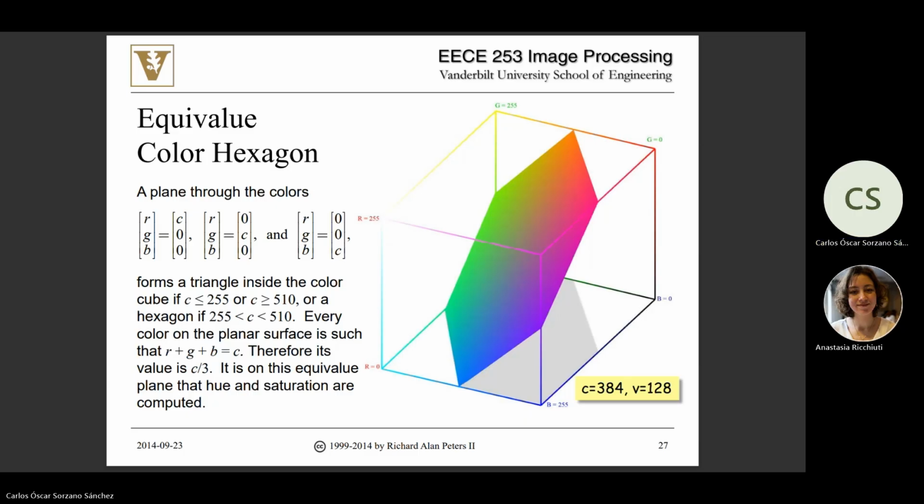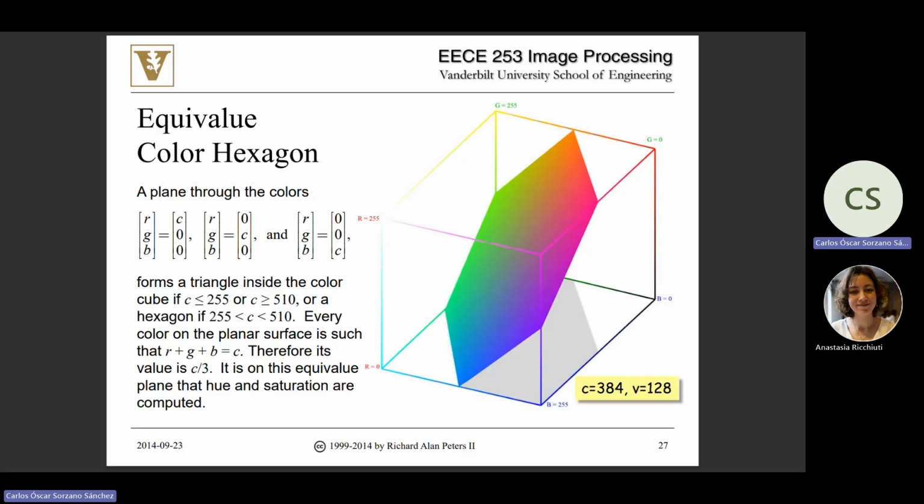At every side, there is a different line of intersection, and the total figure is a hexagon. So it will give hexagons for all the C's that are between these two values.